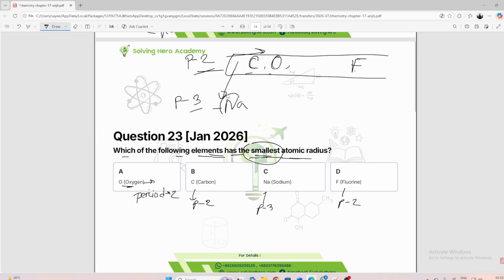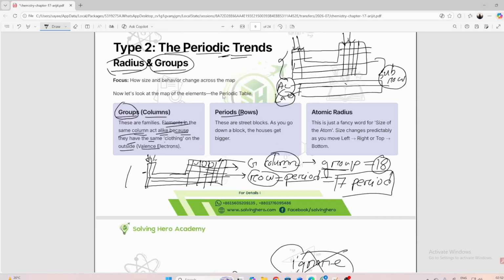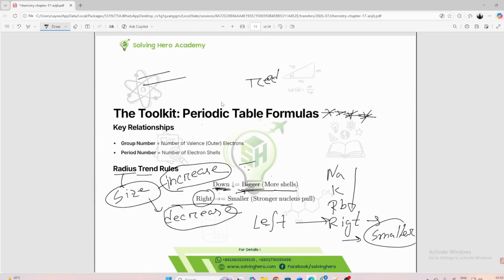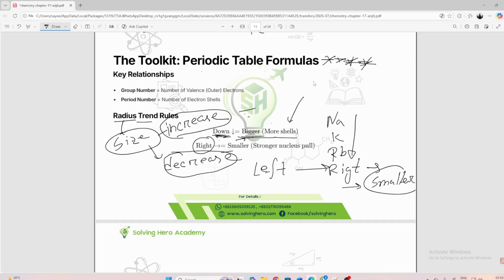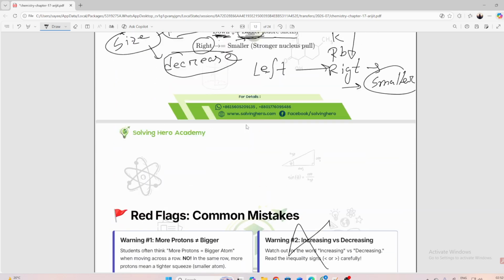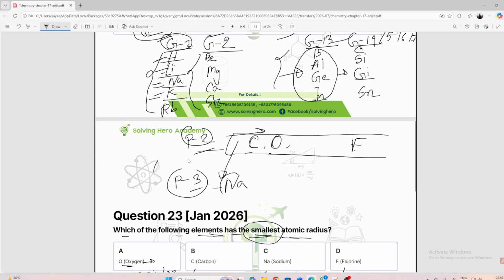I have already said that if you go up to down, that means from period 2 to period 3, the elements become bigger. The size increases.